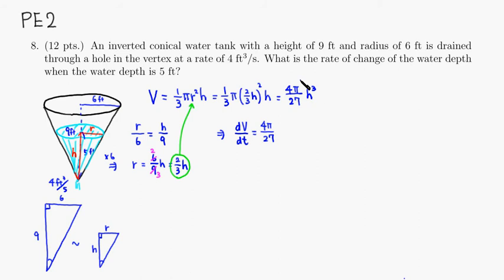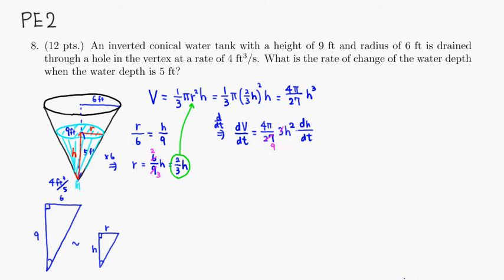The derivative of h cubed is: put 3 in front, h, subtract 1 from the power so it's squared, then you multiply by dh over dt, since we're taking a derivative with respect to t. Then we can simplify a little bit. You have 3 and 27 cancel out, so you get 9.